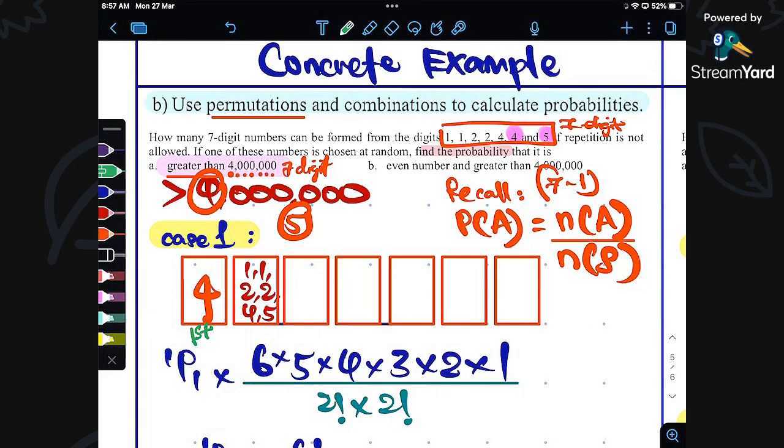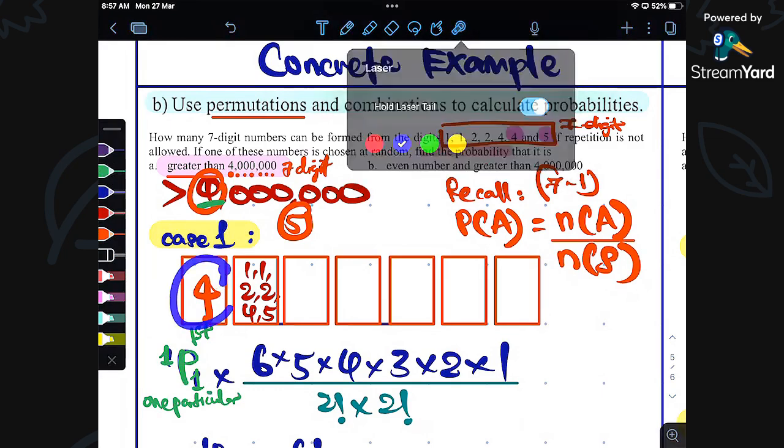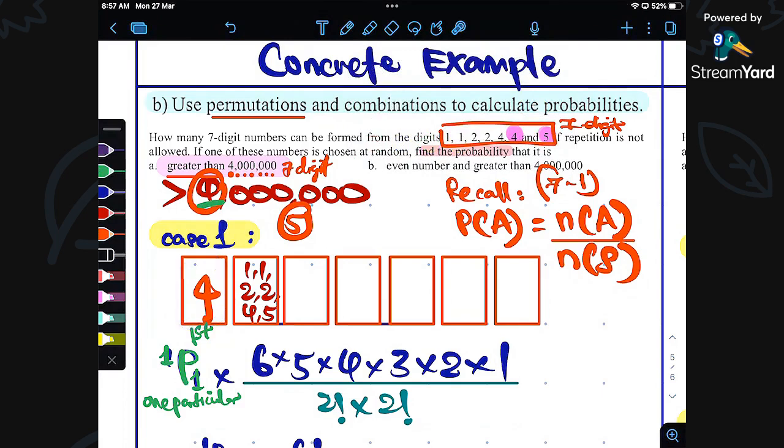First box I mean is the first digit, because the first digit must be 4 million and above. Therefore the answer is 1P1, because 1P1 means one particular number only at the first box there. That's why my answer is 1P1 as a start.